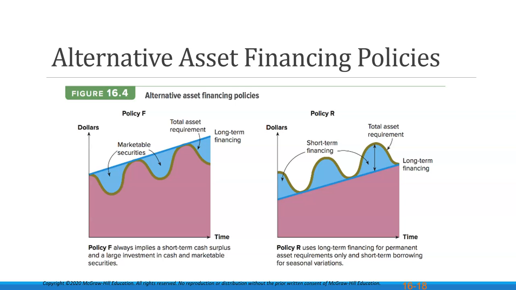With policy R, we use financing for permanent assets requirements. So we take out loans anytime we do a permanent asset, and short-term borrowing for seasonal variations. That short-term borrowing can come through short-term loans. It can come through a line of credit at a bank.